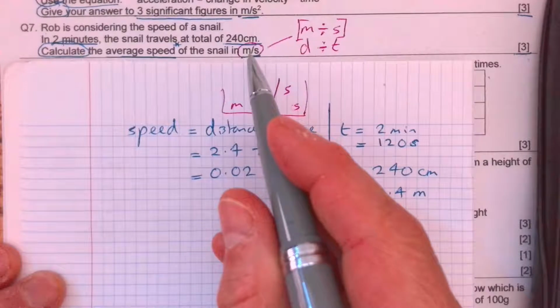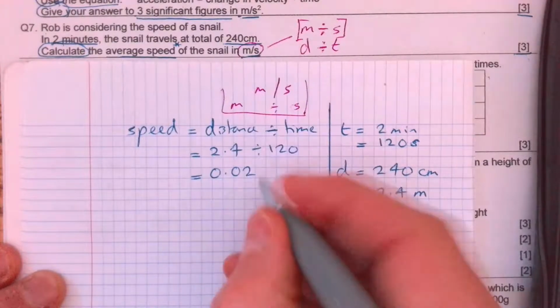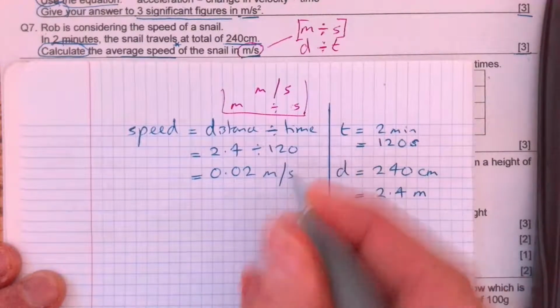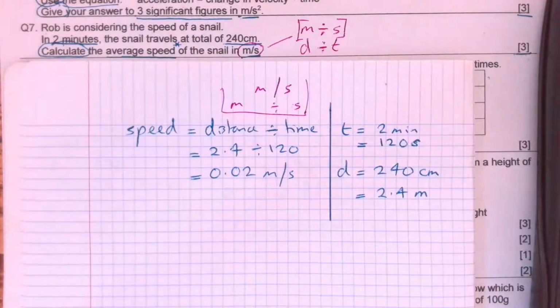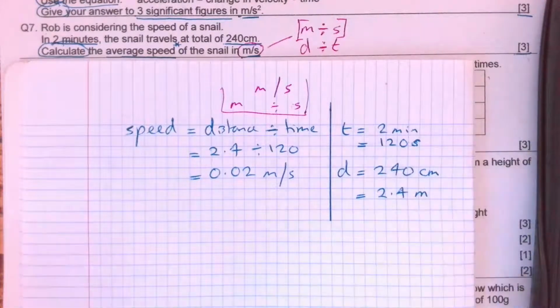So my distance has to be in metres, my time has to be in seconds. Metres per second. And that's a far easier way than trying to work out centimetres per minute and then convert it. Do the conversions first as part of circar, once you've rewritten the values.